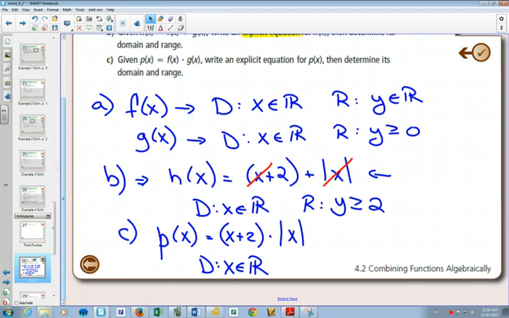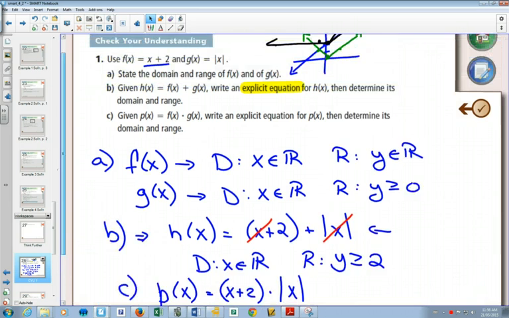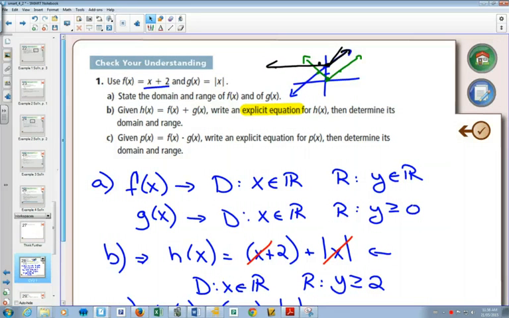For the range, if we look at our green graph and our original blue graph, and if we think about multiplying them, can you see that you're going to get some places where it's positive? Because where both the green graph and the blue graph are positive, when you multiply them together, they're going to be positive.